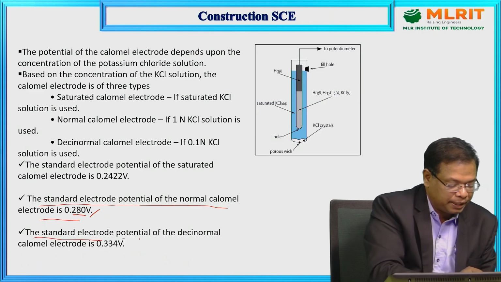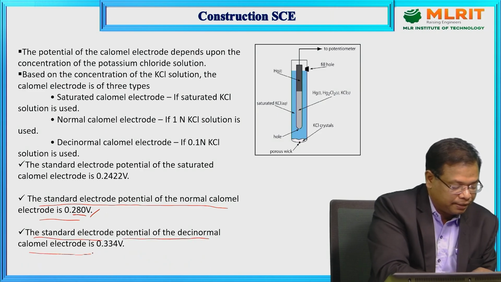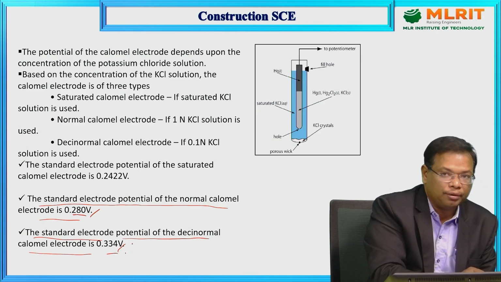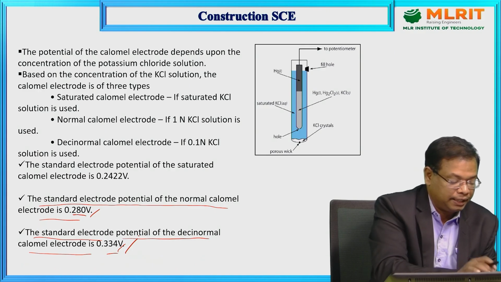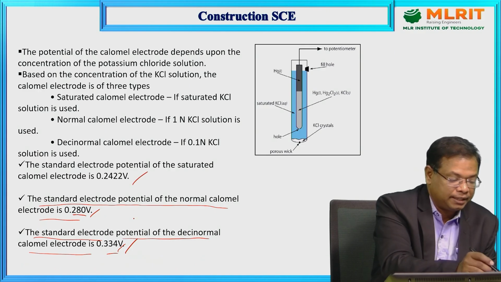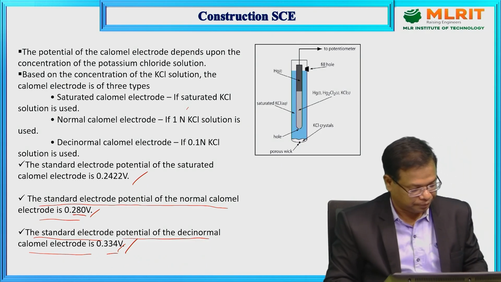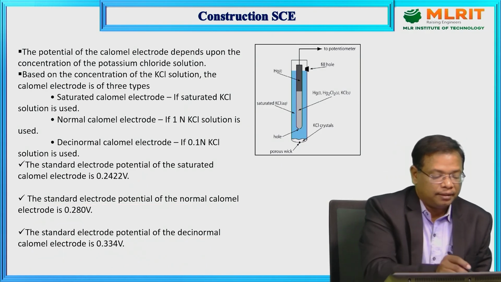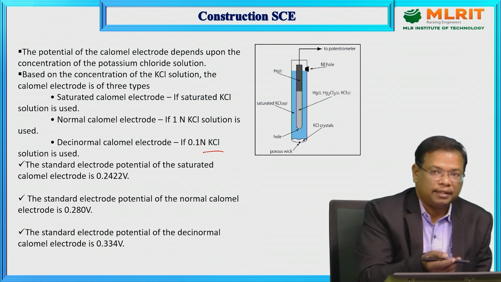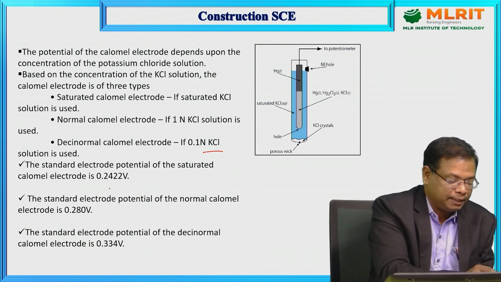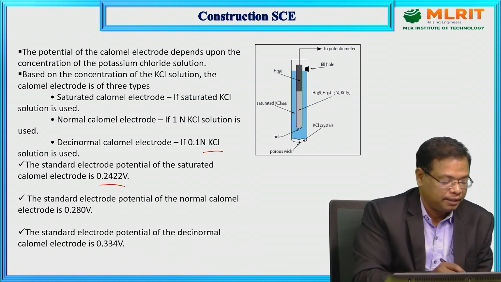The standard electrode potential of the deci-normal calomel electrode is 0.334 volts. These are the three different values for the three different calomel electrodes, based on the concentration of the KCl.